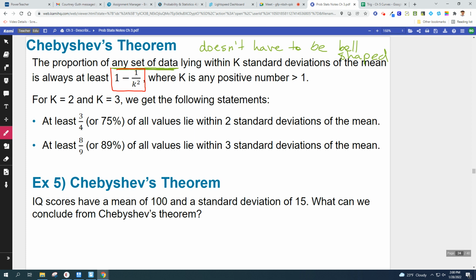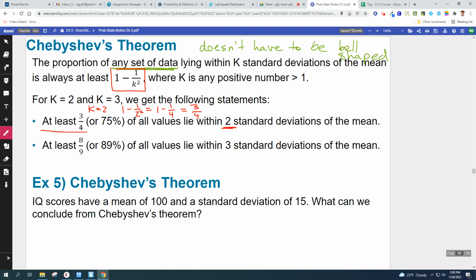If k equals 2, Chebyshev's would say 1 minus 1 over 2 squared, which is 1 minus 1/4 or 3/4, okay? And so what Chebyshev says is at least 3/4 of the values lie within 2 standard deviations.